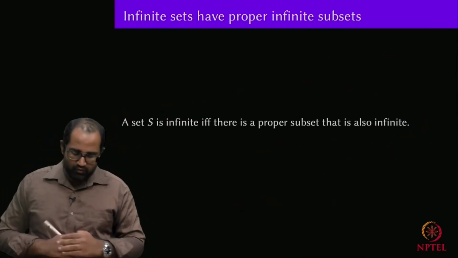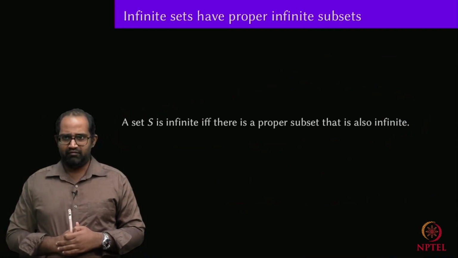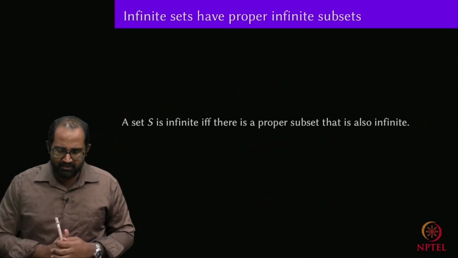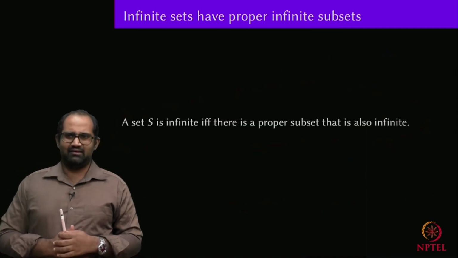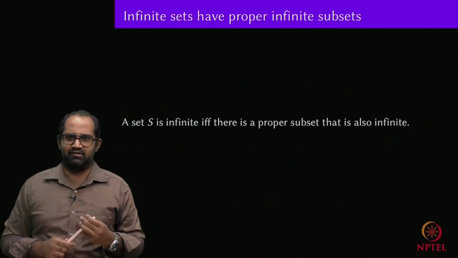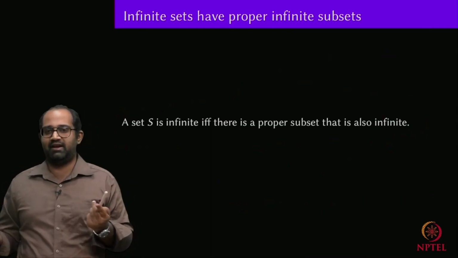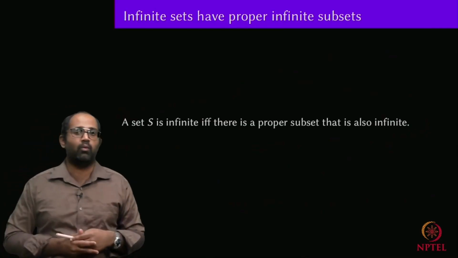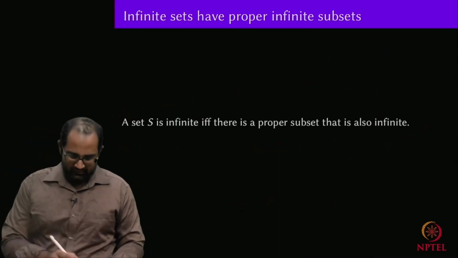Okay, how do you prove something like this? A set is infinite if and only if there is a proper subset that is also infinite. Well, this is rather trivial. If you have a proper subset that is infinite, then the set S is infinite because supersets of infinite sets are infinite, as you would have shown by now. The other way is just one line.